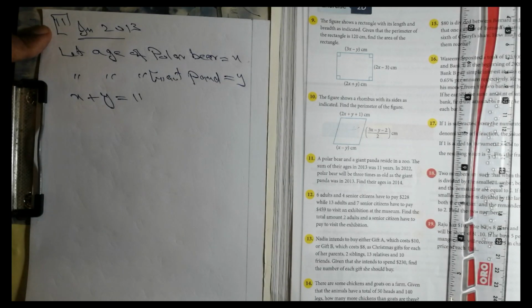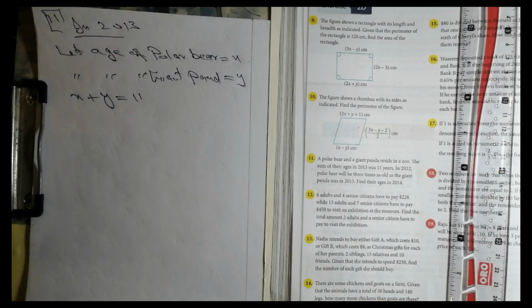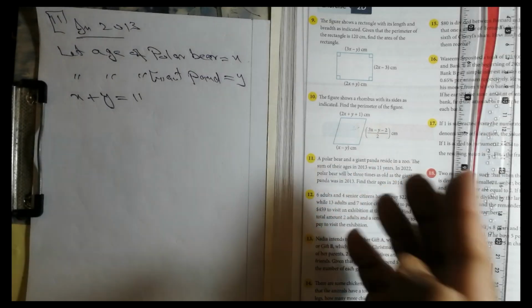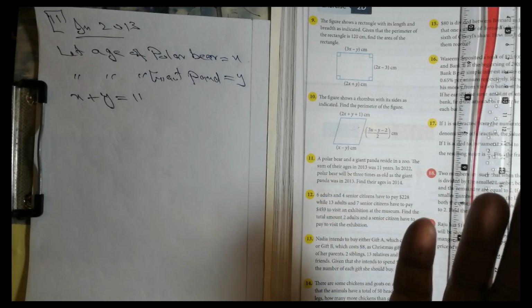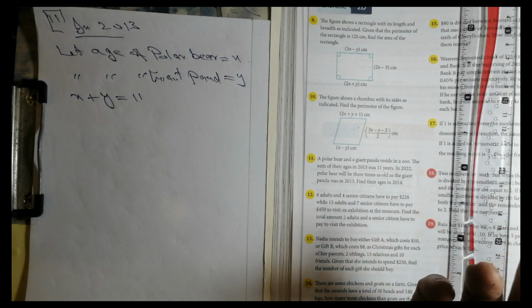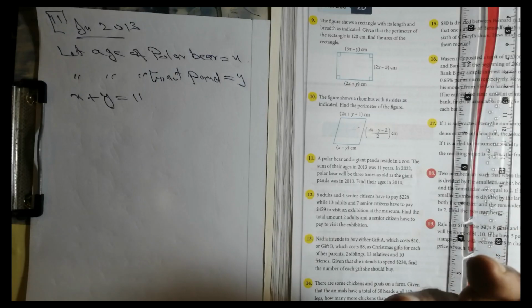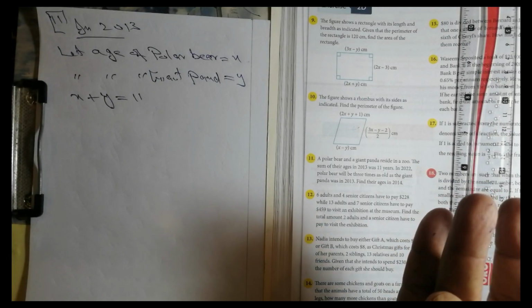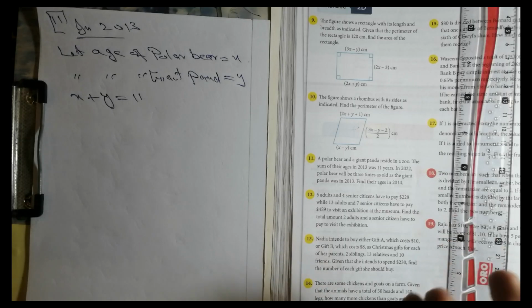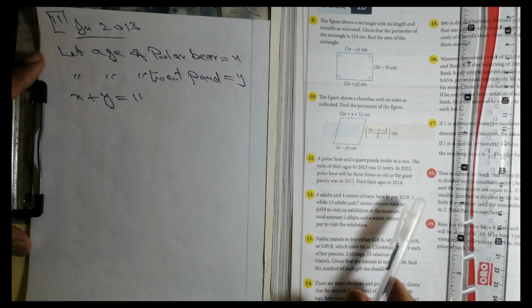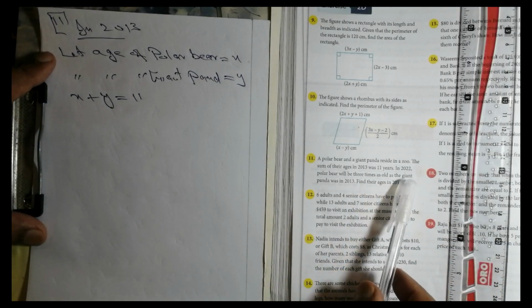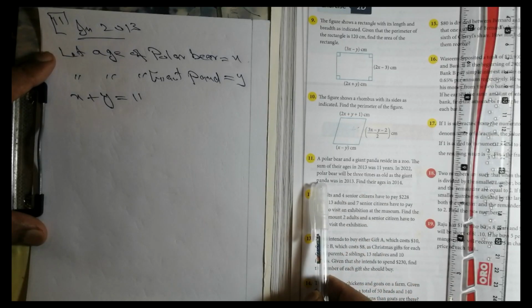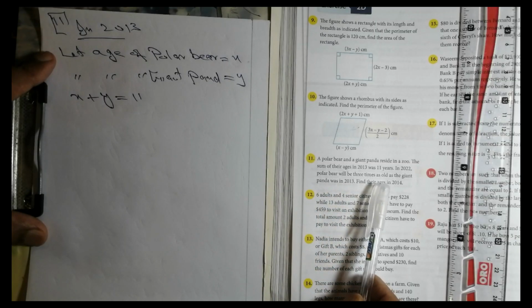In 2022 means that after 9 years, if you count it: 2013, 2014, 15, 16, 17, 18, 19, 20, 21, 22. So these are 9 years. So it is asking that in 2022, after 9 years, the polar bear will be 3 times as old.